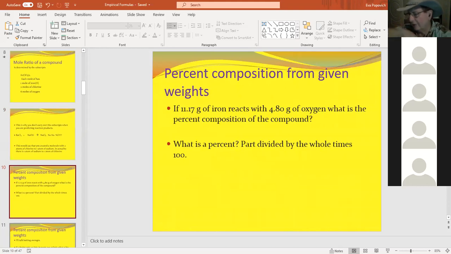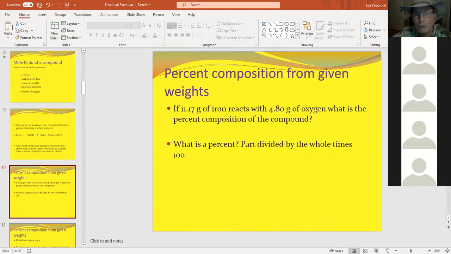So let's get into this stuff from the start. Percent composition from given weights. If 11.17 grams of iron reacts with 4.80 grams of oxygen, what is the percent iron composition of this compound? Now guys, percent. What is percent? Per how many?